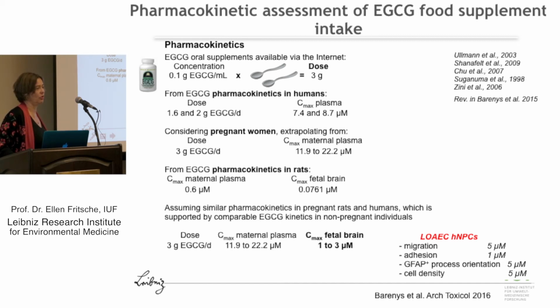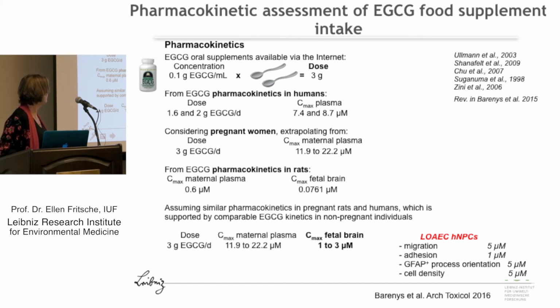So assuming that the kinetics across the placenta is similar in rats and humans, and this is something that we don't know, then a dose of 3 grams, causing maternal plasma levels of 11 to 22, would end up in fetal brain with 1 to 3 micromolar.